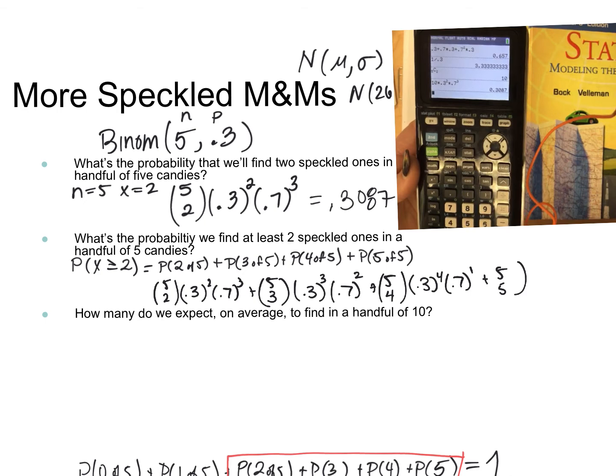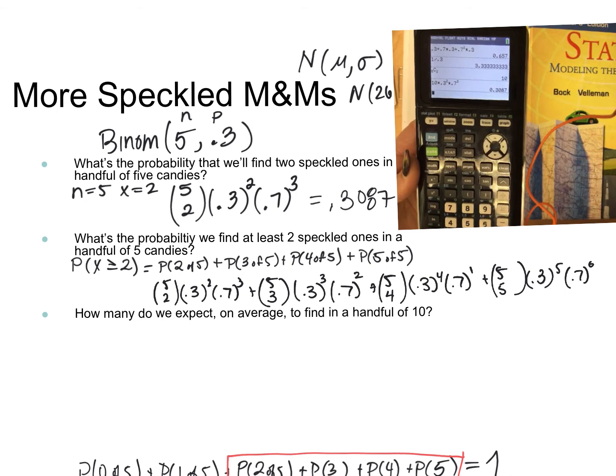And 5 choose 5, 0.3 to the fifth, 0.7 to the 0. That is what I would have to do for 2, 3, 4, and 5 and add it all up, and I have to plug all that in my calculator. Which is doable, right? It's not terrible.